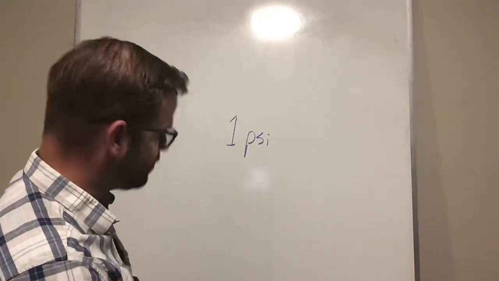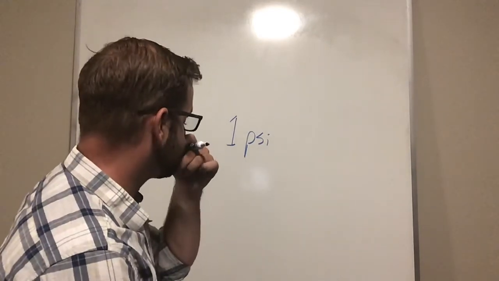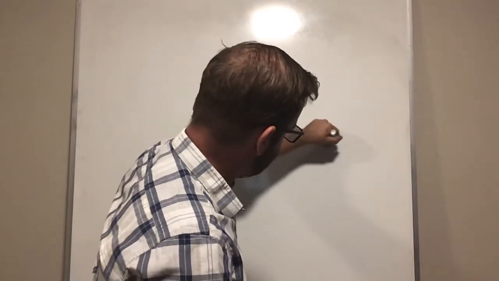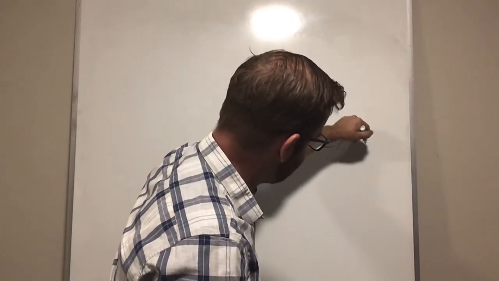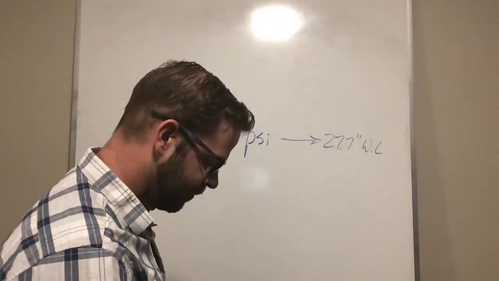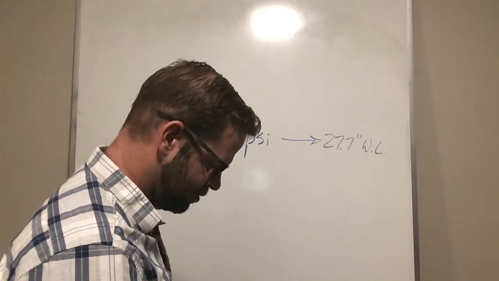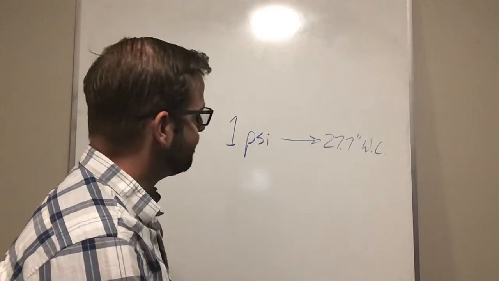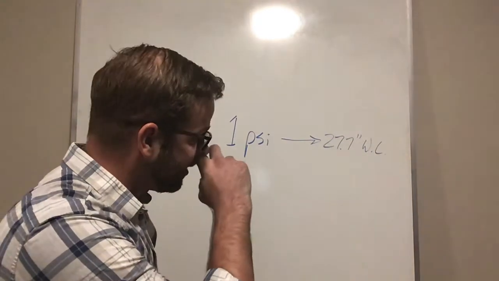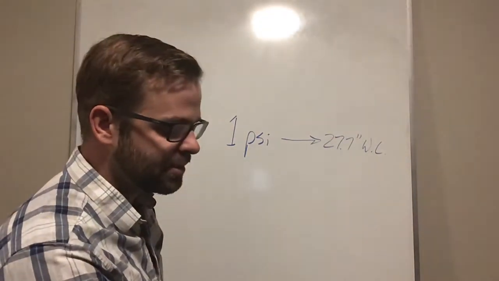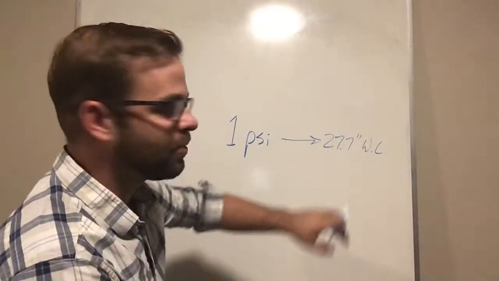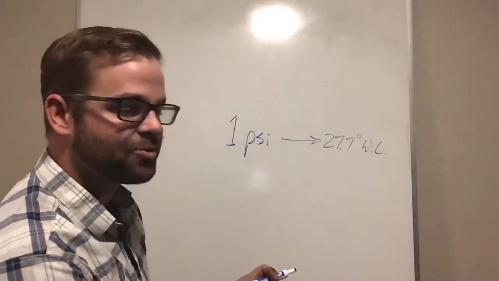So we're going to use 1 psi as our base. 1 psi is equal to 27.7 inches of water column. So 27.7 inches of water column is a value that's used for gas pressure. If you were looking at gas pressure coming into a house, it ends up seeing 7 inches of water column. So 7 inches is about a quarter of 27.7, so there's about a quarter psi of natural gas that comes into a house.